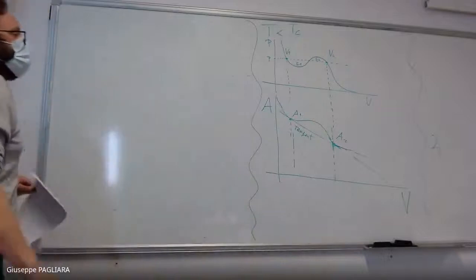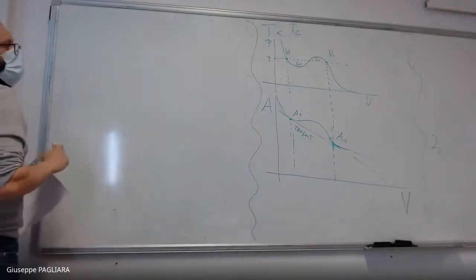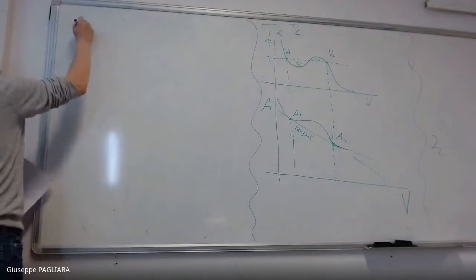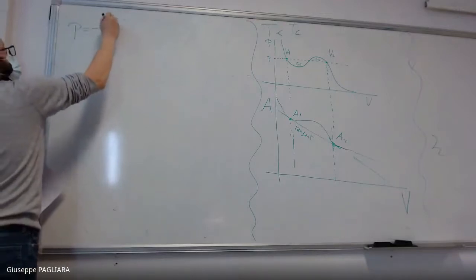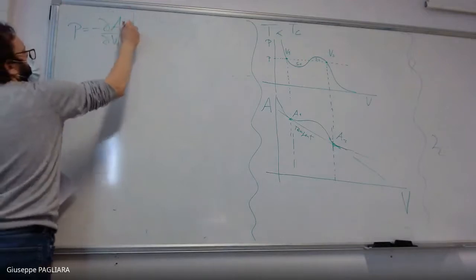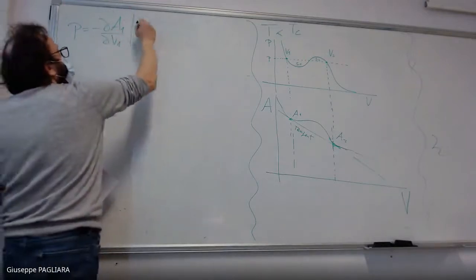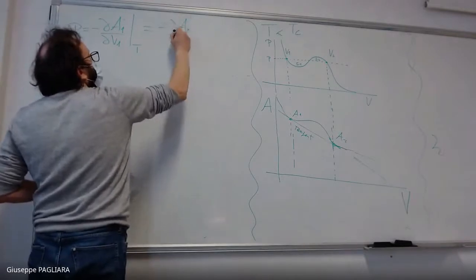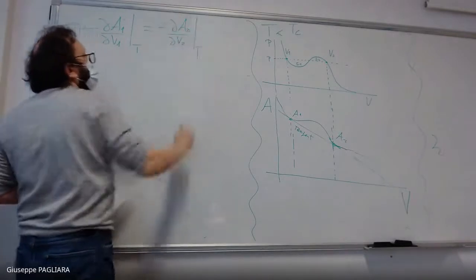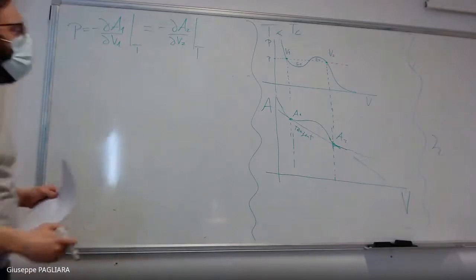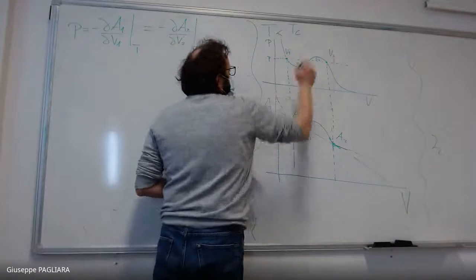Now, in the point V1, A1, the pressure, let's call it P, is minus the derivative of A1 with respect to V1 at fixed temperature, and this must be equal to minus the derivative of A2 with respect to V2 at fixed temperature. This is the equation of mechanical equilibrium.